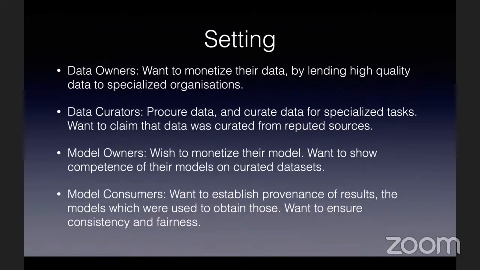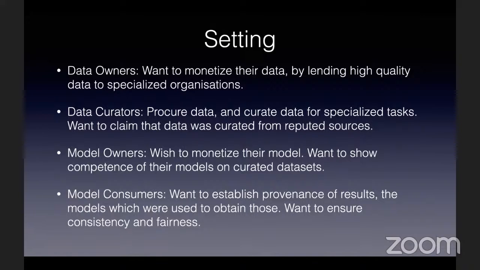So just to revise the setting once more, there are data owners who want to monetize their data by lending high quality data to specialized organizations. Then there are data curators. They procure data and curate data for specialized tasks, and they want to claim that data was curated from reputed sources. Then there are model owners who wish to monetize their model, and they want to show competence of their models on curated data sets, right?